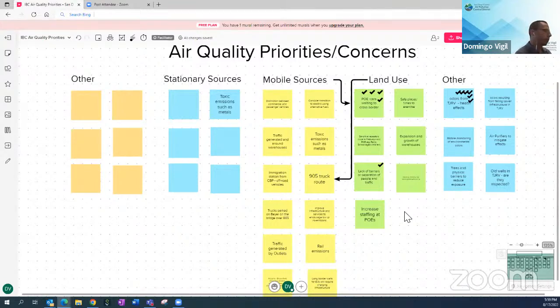Our chair of our board, Chair Vargas, declared this a public health emergency, and with that, there's a lot of added attention that is being placed into this issue.